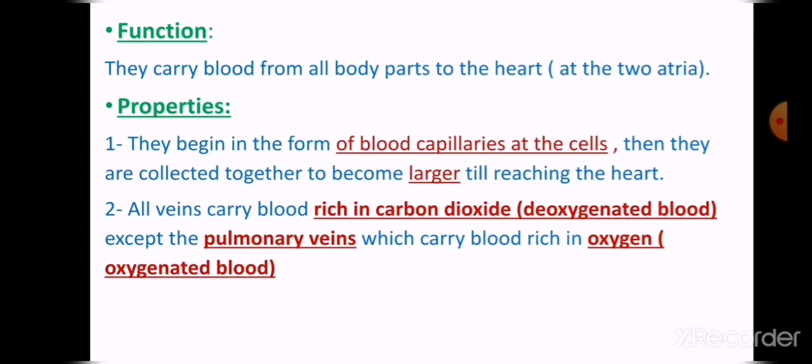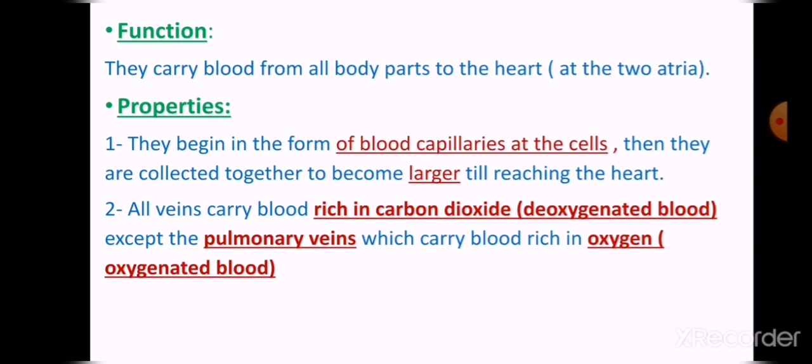And all veins carry blood rich in carbon dioxide gas. All the veins, it's opposite to arteries. All veins carry deoxygenated blood, except the pulmonary veins, which carry blood rich in oxygen gas.